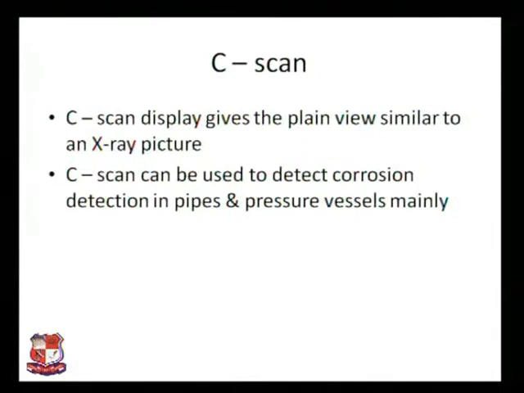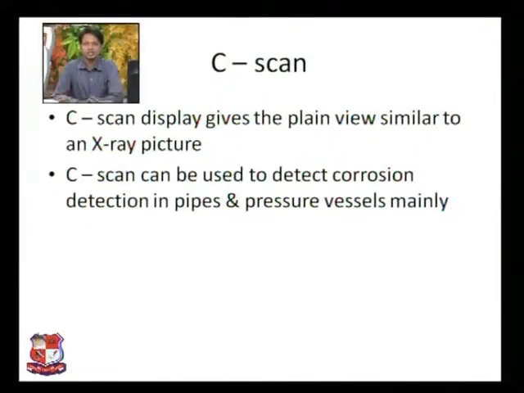Now let us go to C scan. C scan display gives the plane view similar to an X-ray picture. Actually, the C scan method is used to detect corrosion inside pipes as well as pressure vessels.